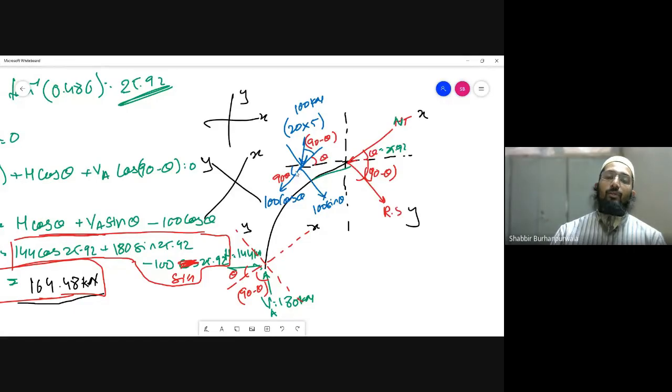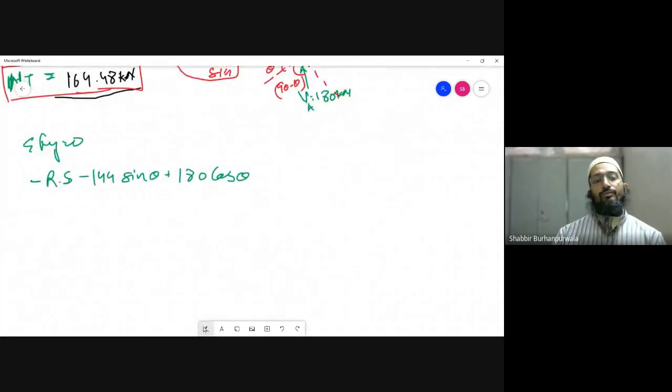With respect to the x direction, this is making an angle of 90 minus theta. With respect to y, it is angle theta, so I'm going to have cos of theta. So 100 cos of theta in the downward direction, so negative. Minus 100 cos of theta equals 0.